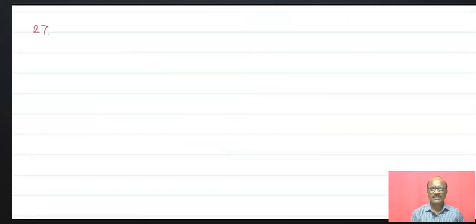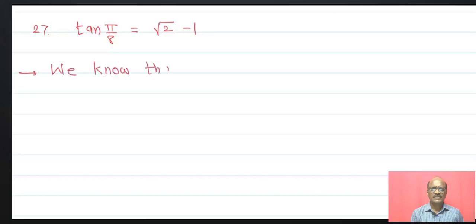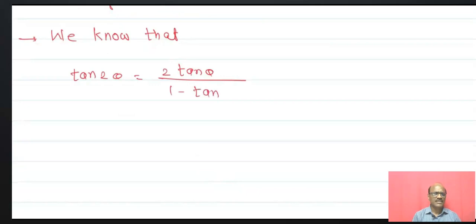Now next is question number 27. That is, tan of pi by 8 is equal to root 2 minus 1. We know that tan of 2 theta is equal to 2 tan theta upon 1 minus tan square theta.